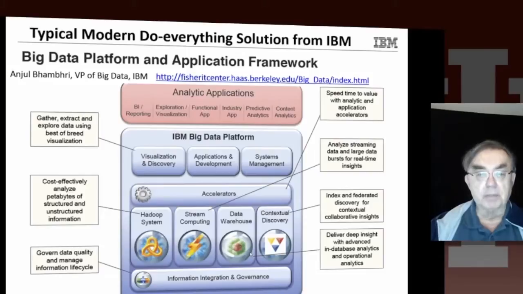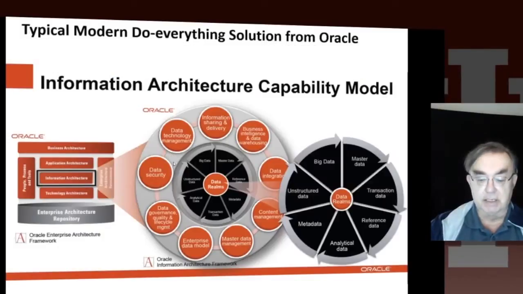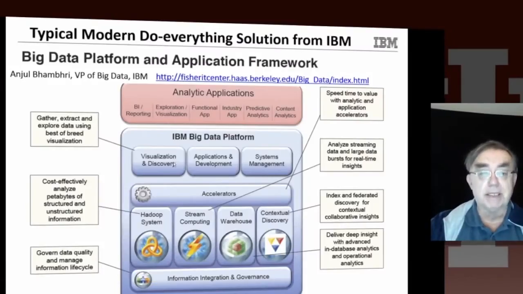If you go to the big companies like IBM and Oracle, they almost by definition offer everything. So if you look at their platform, it has Hadoop, it has data warehouse, it has streaming, it has all sorts of optimization, it has visualization and things like that.